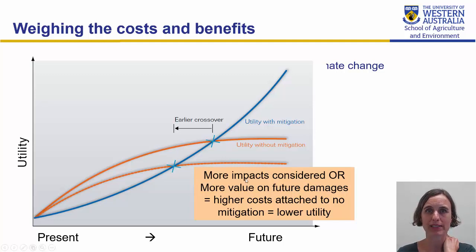It's a complex discussion that we still haven't solved. What we typically do is we use a range of discount rates and do a bit of a sensitivity analysis as to when does that crossover point occur at different discount rates.